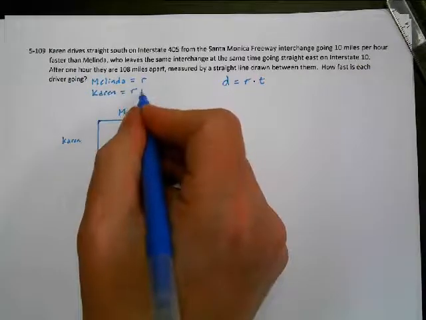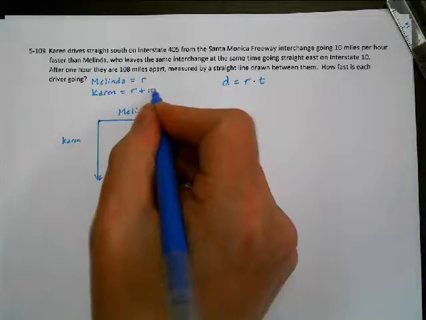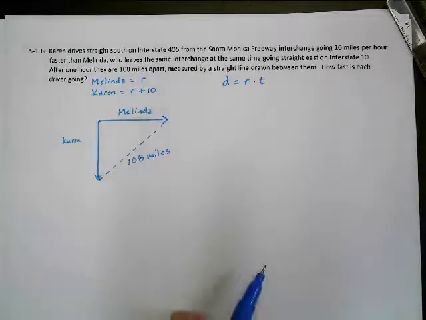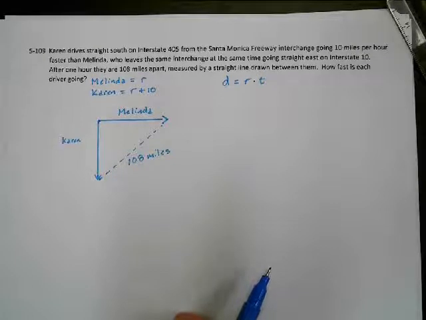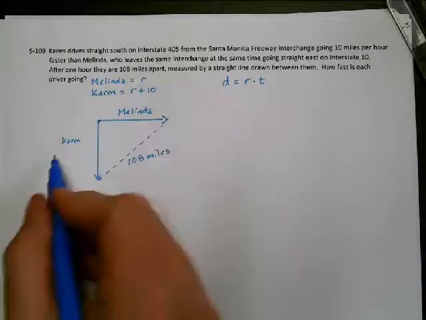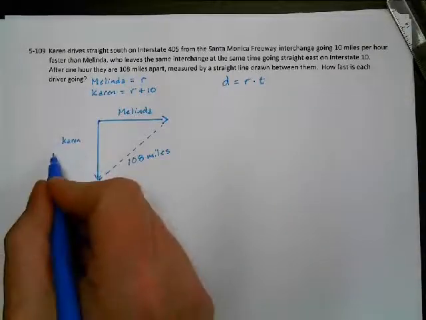So what we have here is a Pythagorean theorem problem mixed with a distance equals rate times time problem, which makes it real fun.